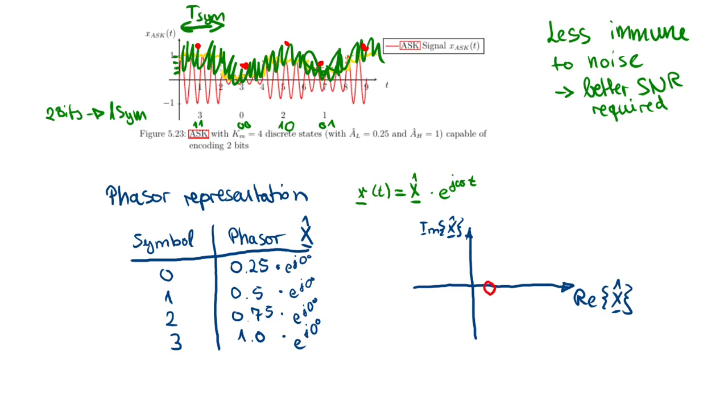Now we can plot each discrete state here in this diagram. So this is a symbol 0, 1, 2, and 3.